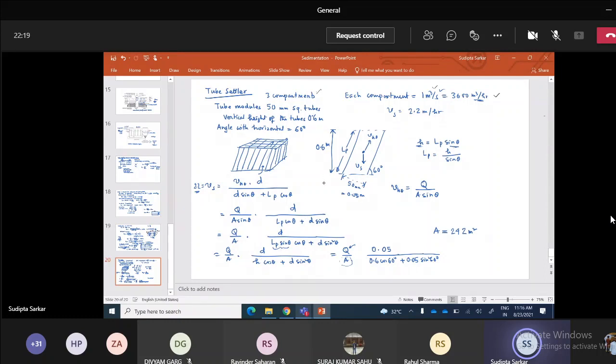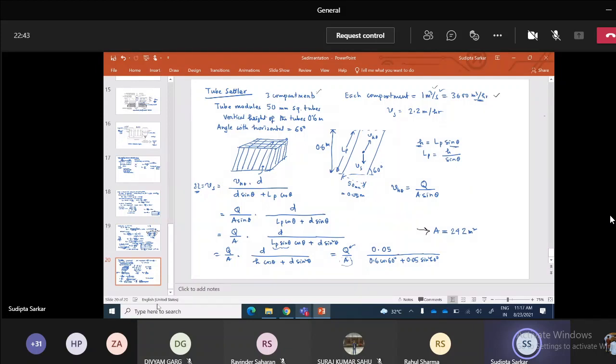So this is 0.6 meter, and we plug in the numbers. Q is 1 meter cube per second, and you have area here. The velocity of settling will be 2.2. So we got an area of 242 square meter. So this is where we stopped in the last class.